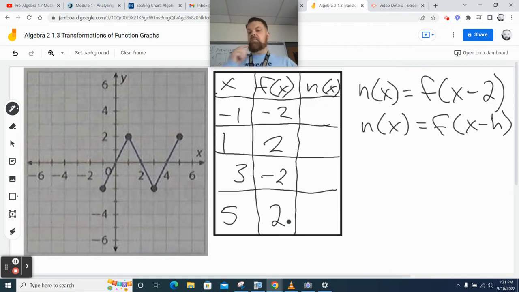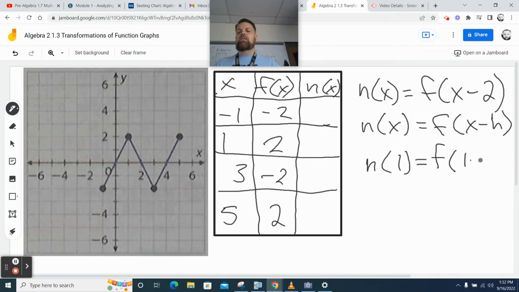So now I might mess this up, but I'm trying to figure out an easy way to explain this to you guys. So let's try this. n of 1 is equal to f of 1 minus h, which is 2, right?